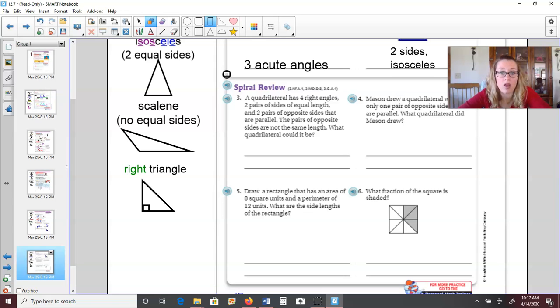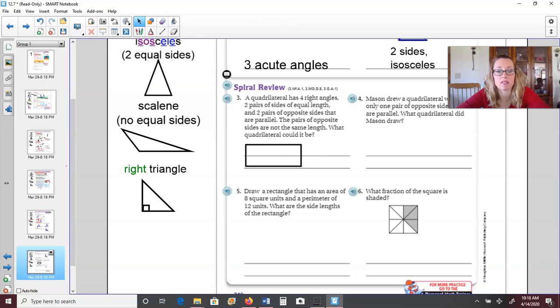And the opposite sides are parallel. Okay, so the opposite sides are never going to cross or touch, so we're still looking at a square or a rectangle. Here's the important part. The pairs of opposite sides are not the same length. So because the pairs of opposite sides are not the same length, then we are looking at this shape.